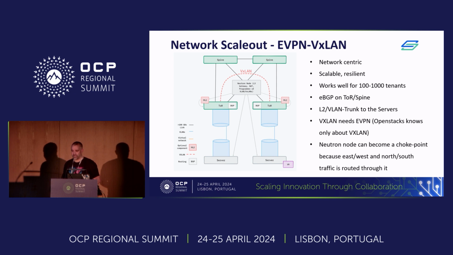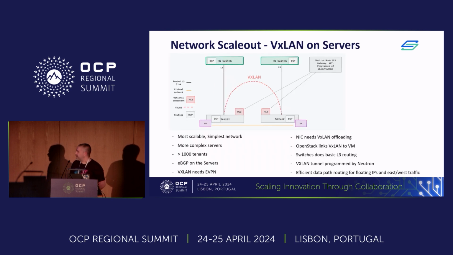This works well for 100 to 1,000 tenants. We are using eBGP. Possibly the Neutron node can become a choke point because the east-west and north-south traffic is routed through it.